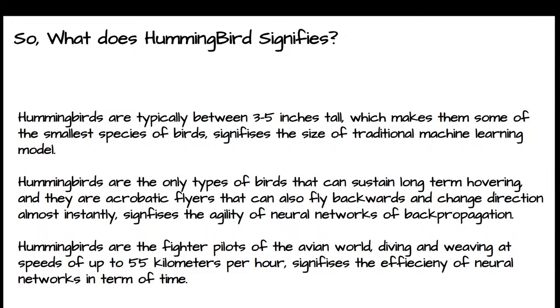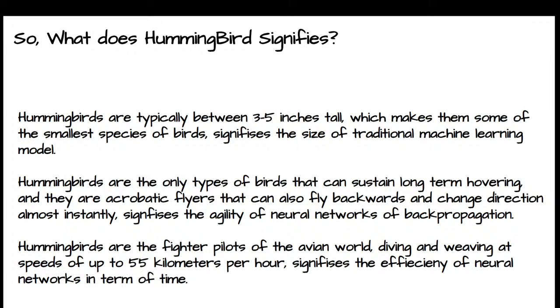After that, there is backpropagation that updates the weights of the tensors so that in the next iteration, the output will be optimized. So that back propagation and then again forward propagation, this change of direction signifies the hummingbird's characteristic while flying.